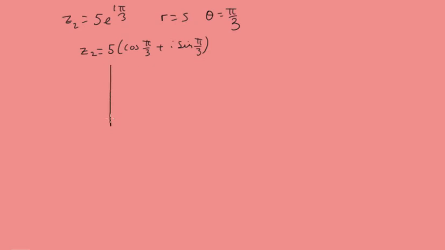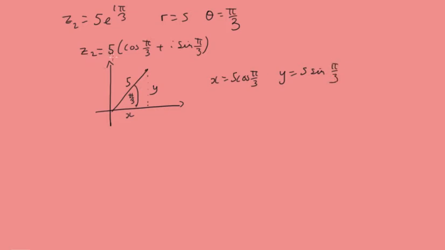So now we can draw an Argand diagram, but this time we've got theta. We know theta is pi over 3, and we know that the modulus is 5. So here we need to find the values of x and y. So x is going to be 5 cos pi over 3, and y is going to be 5 sine pi over 3.